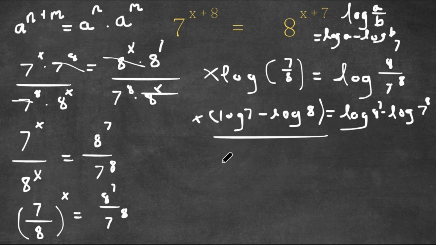Now I'm going to divide both sides by log 7 minus log 8.